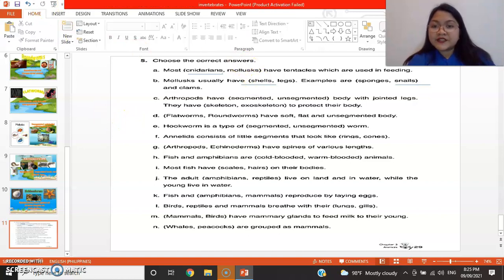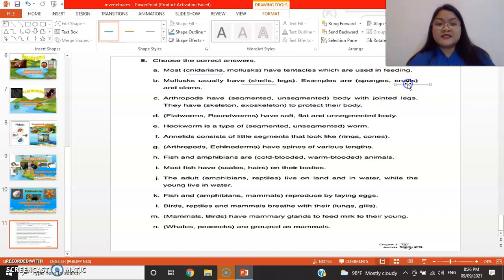Okay. Last, letter C. Arthropods have segmented, unsegmented body with jointed legs. They have skeleton, exoskeleton to protect their body. Okay, what is your answer? Okay, very good.